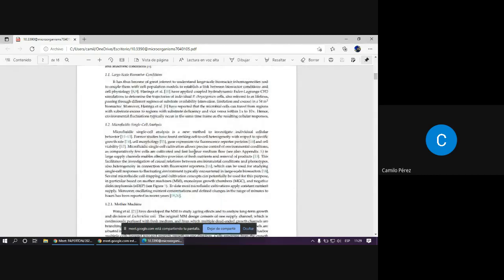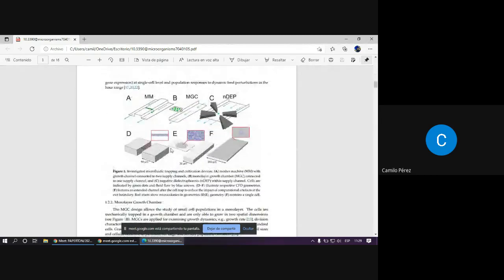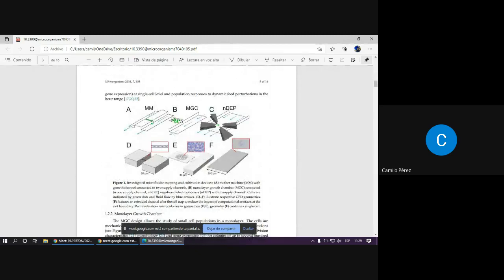They show in figure 8 how the chip traps the cells depending on the flow, and the strategy is to capture a single cell in different wells with more cells.